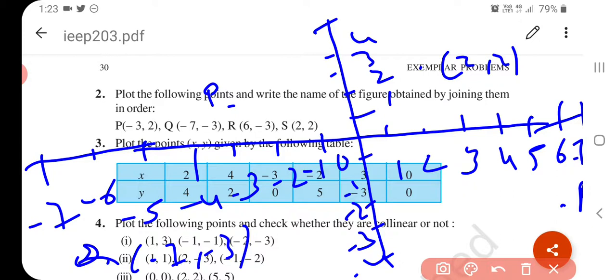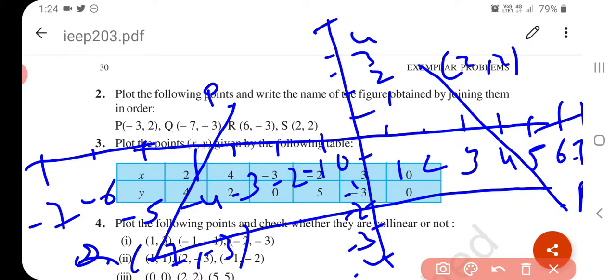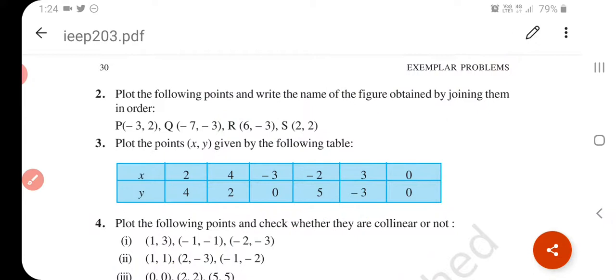Let's join these two points, or these two points. What you can see, this is a trapezium. Okay, and you can write trapezium PQRS.